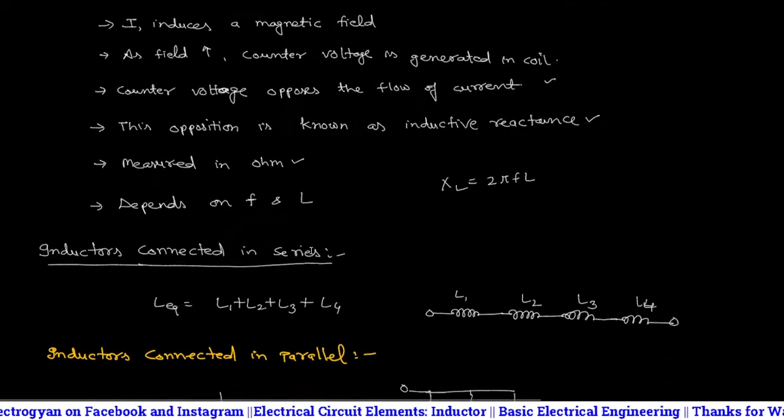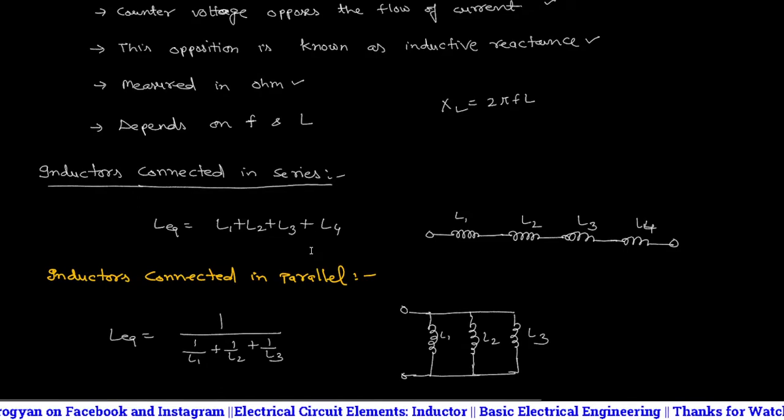Now, if different inductors are connected in series and parallel: if inductors L1, L2, L3, L4 are connected in series, then the total equivalent inductance of that series circuit will be L1 plus L2 plus L3 plus L4, or if n inductors are connected, up to Ln.